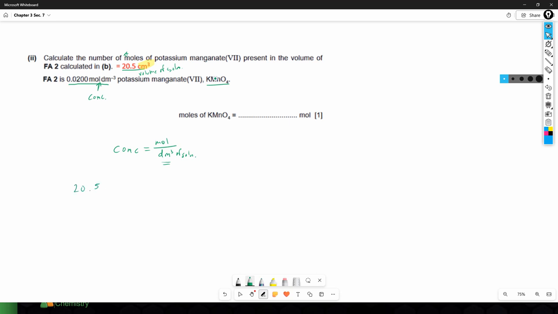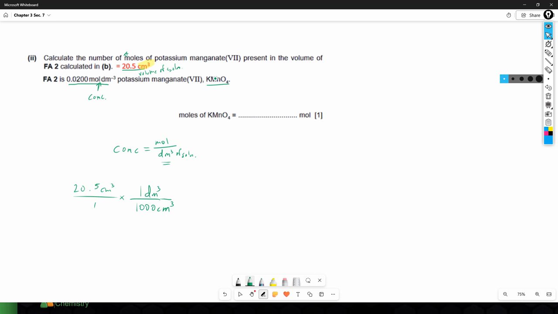20.5 cubic centimeters, if we remember, 1,000 cubic centimeters is equal to 1 cubic decimeter. It's the same conversion that you use for milliliters and liters.